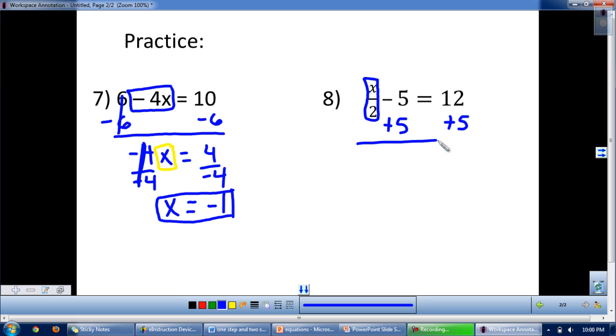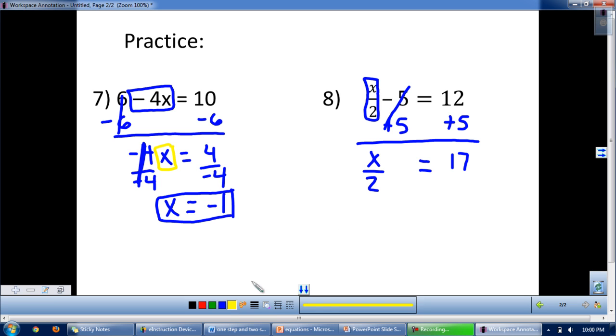Alright, so put a line. We are going to drop down x over 2. The negative 5 and the positive 5 cancel out. Bring down the equal sign. 12 plus 5 is 17.